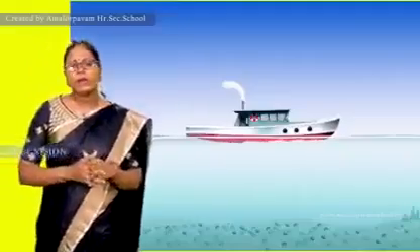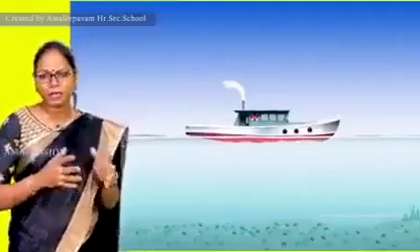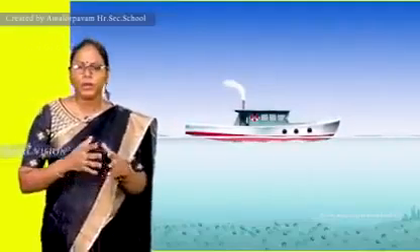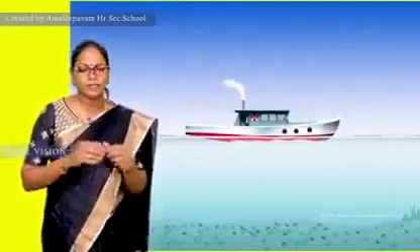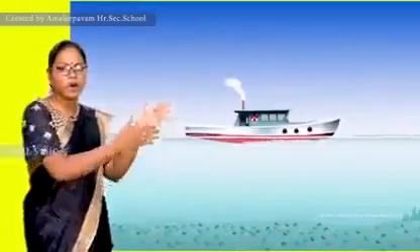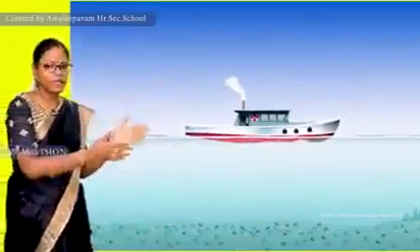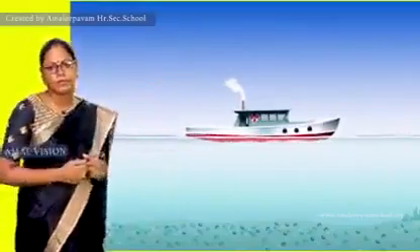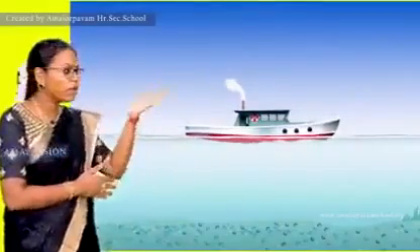Can you tell me why a ship made of iron floats while an iron needle sinks? See here, in the case of a ship, which is hollow from within, the weight of water displaced by the ship is more than the weight of the ship.